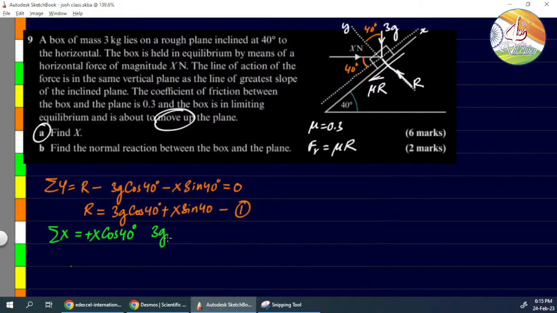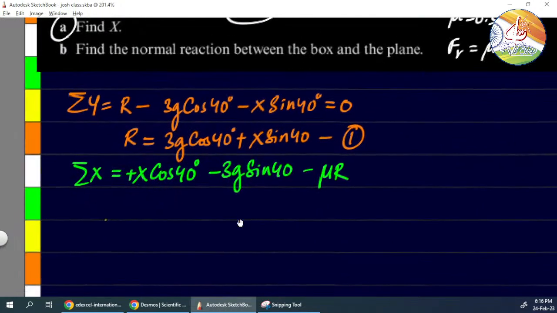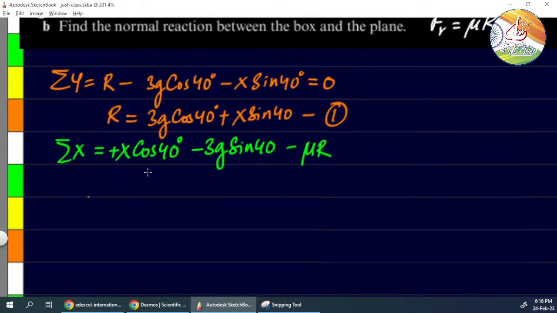Then 3g sine 40, this is acting opposite to the x direction, so minus, and then friction is also acting opposite to the x direction, so minus for friction also. So coming here, we need to substitute the value of R here.